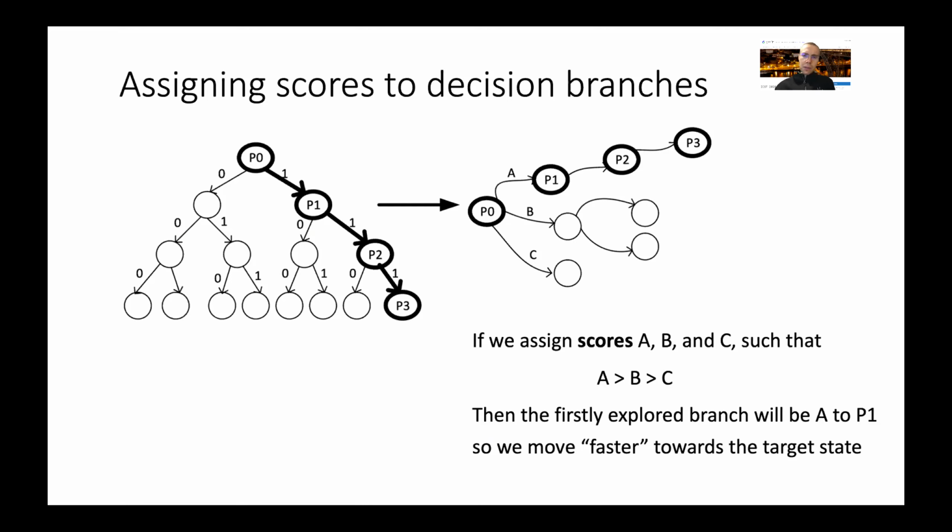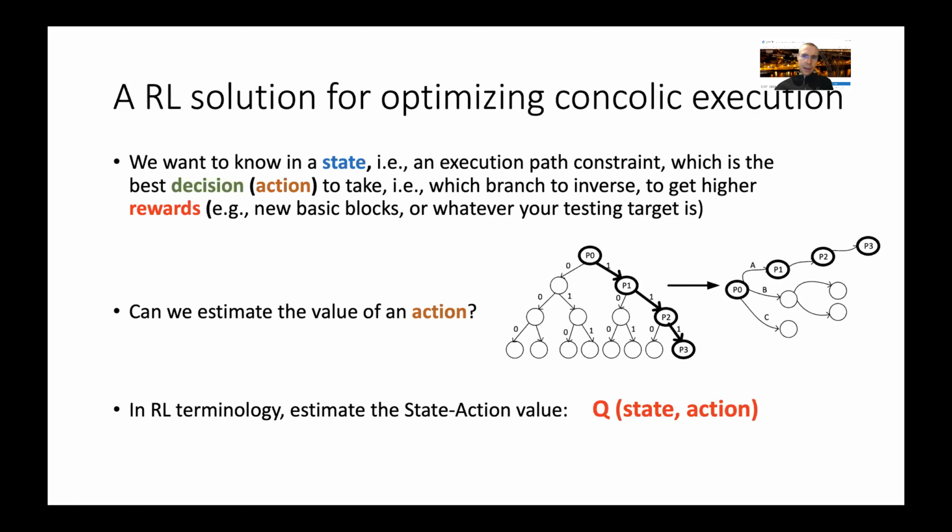So the problem now translates to something like optimizing the score of the action. And this is similar to what we see in the reinforcement learning terminology. Why? Because we have the concept of state, which is the current execution path constraint obtained by symbolically running the program under test. Then the question is, what is the best decision or action to take, which translates to this concolic execution: which branch should I inverse first to get higher rewards.